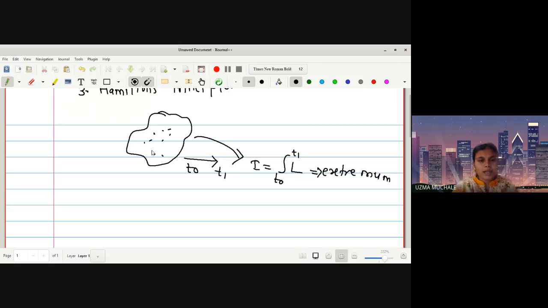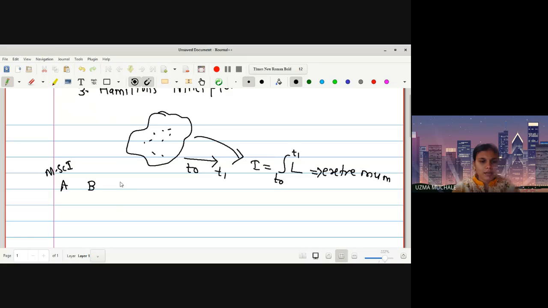Suppose you have to move from position A to B within the time interval t0 to t1. Suppose the whole class of MSc first year mathematics students is allowed to move from point A to B, since we are considering a system of n particles, within the time interval.